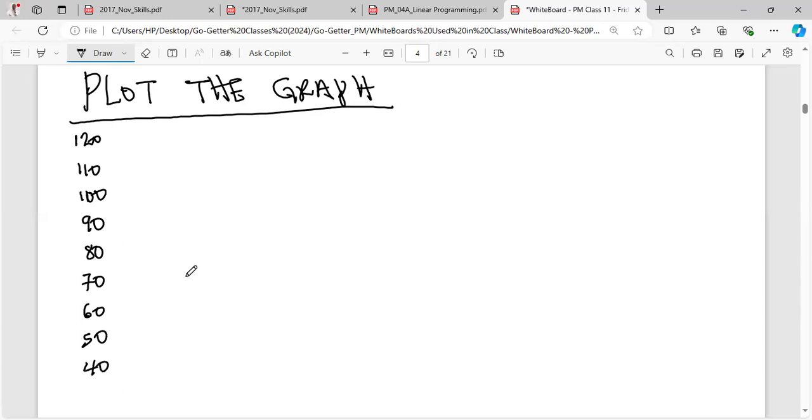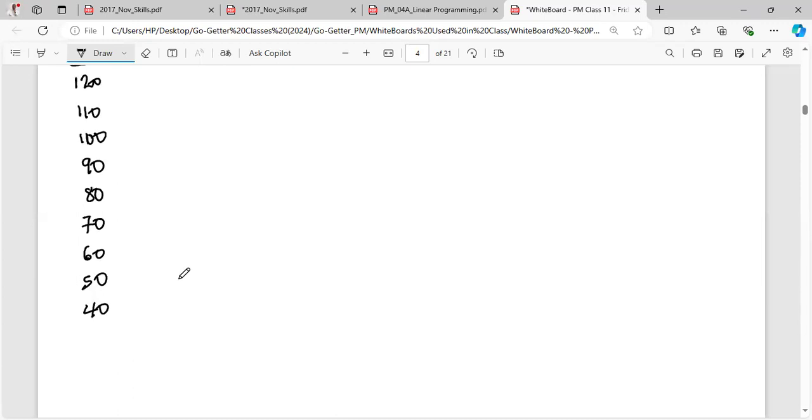You need to be very careful that you are accurate with your ruler. 30, 20, 10, and of course this is 0. I don't have a ruler, so it may not be straight. So this is your y-axis.